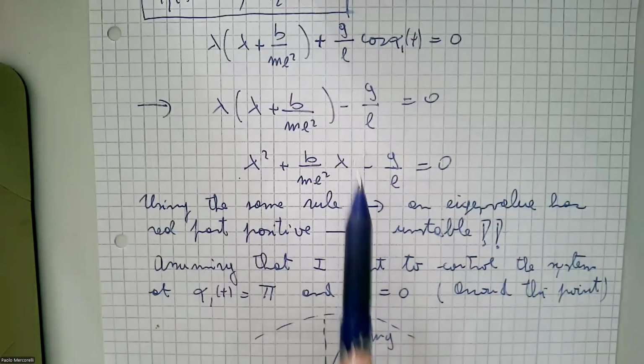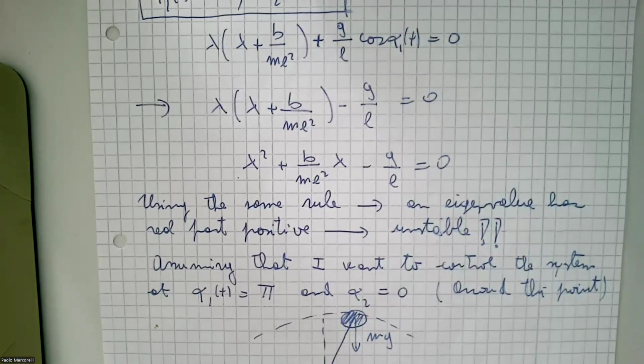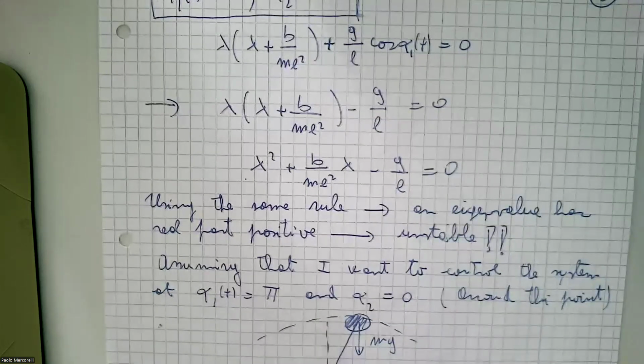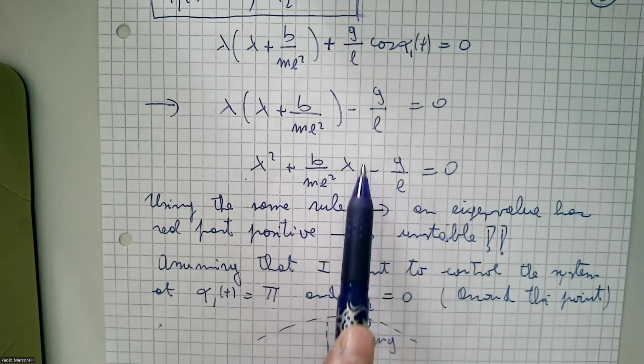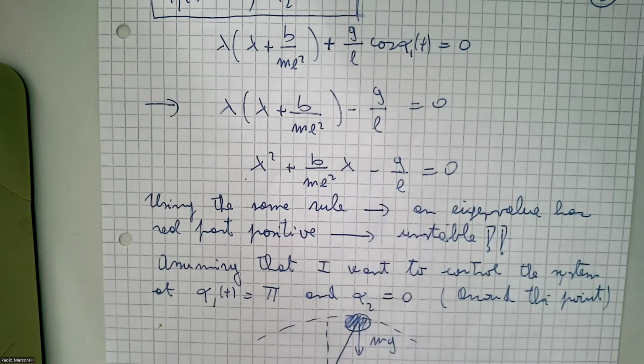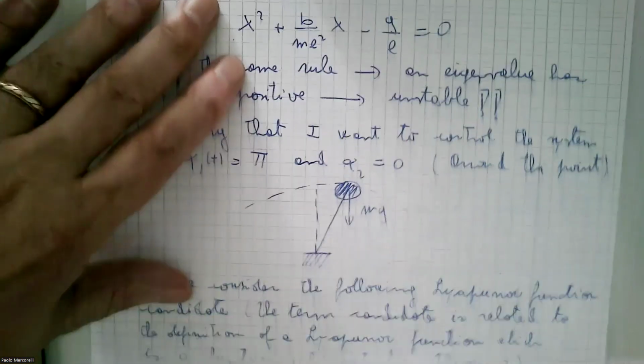Here the real part is relevant. If you remember Cartesian rule, otherwise you can calculate exactly the expression of the two eigenvalues lambda 1 and lambda 2. We have one eigenvalue with positive real part. Now, let me apply it here.